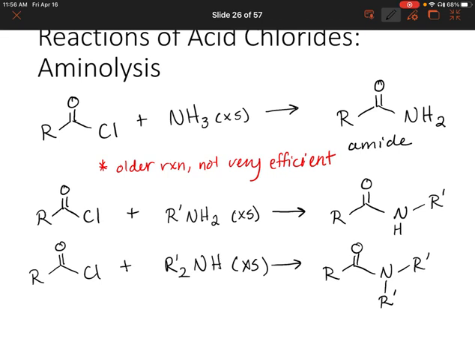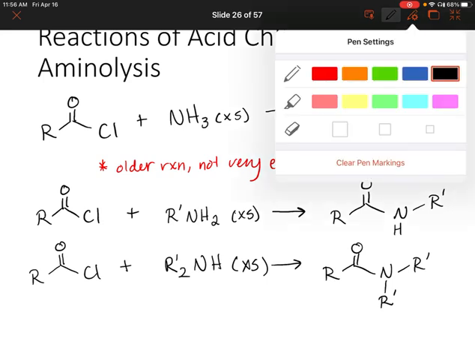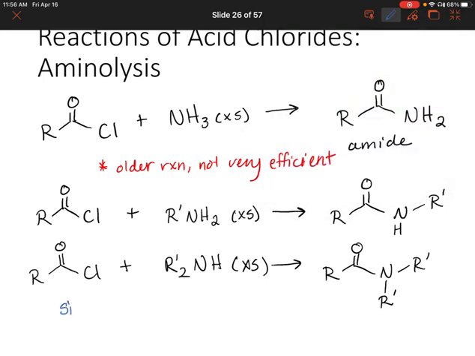All right, so now the nitrogen in the amide product has 2 alkyl groups attached. Now this mechanism is also very similar to hydrolysis. Oh, running out of room as usual.